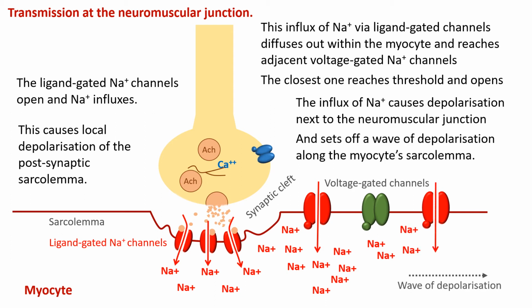So we have a wave of depolarization along the myocyte sarcolemma. Exactly the same mechanism as we had in the membrane of our neuron, our action potential, same sequence of events, but now we're moving along a myocyte's membrane, the sarcolemma.